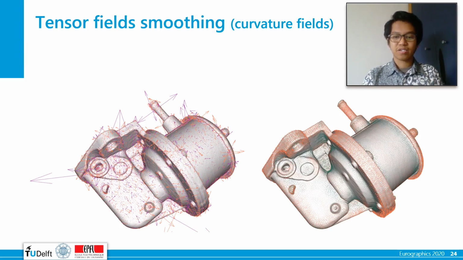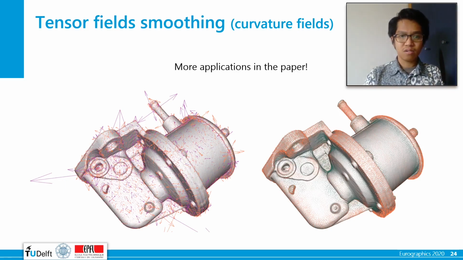And since the computations in the subspace are very fast, we can adjust the weight of those two terms interactively to obtain the desired outcome. And you are welcome to read our paper for more applications.